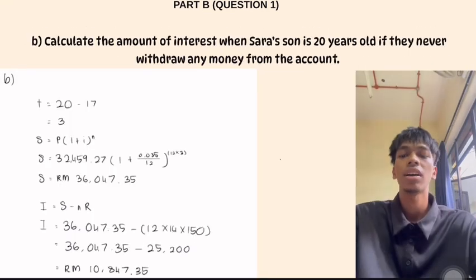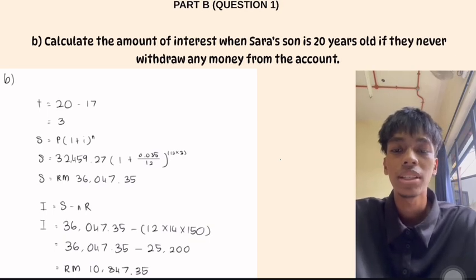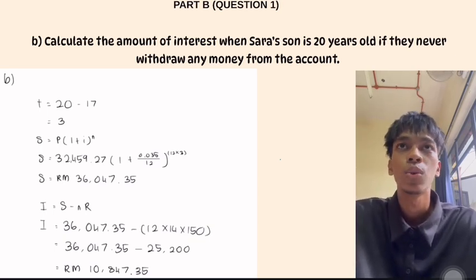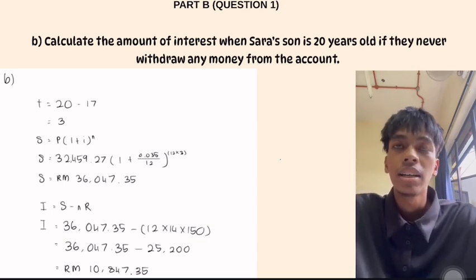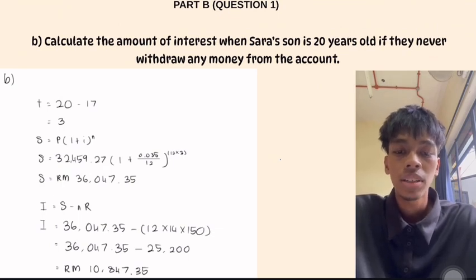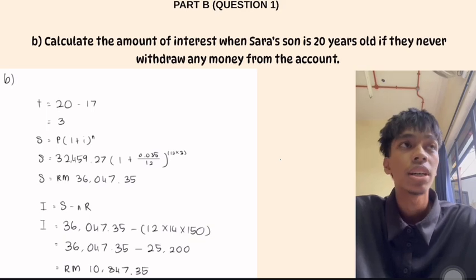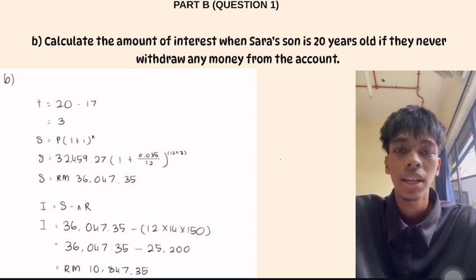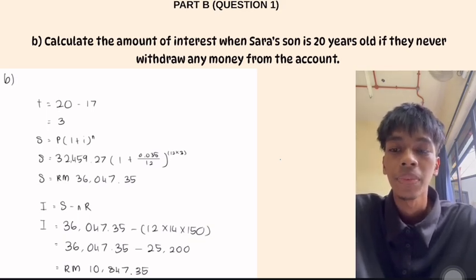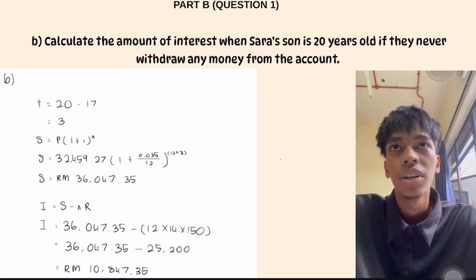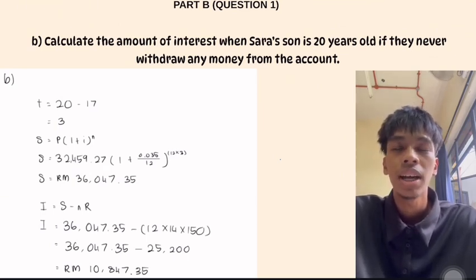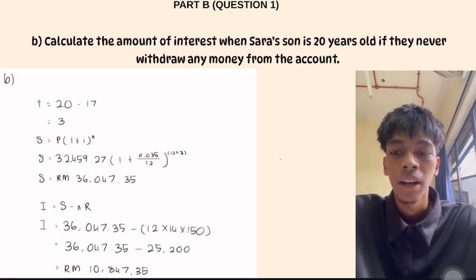B. Now if Sarah doesn't withdraw any money, we want to know how much it will grow by the time her son is 20 years old. This is an additional 3 years of compound interest with no new deposit. We use the compound interest formula, which is S equal P times (1 plus K over M) to the power of MT, where P is the previous answer, which is RM32,459.27, K is 0.035, M is 12 and T is 3.